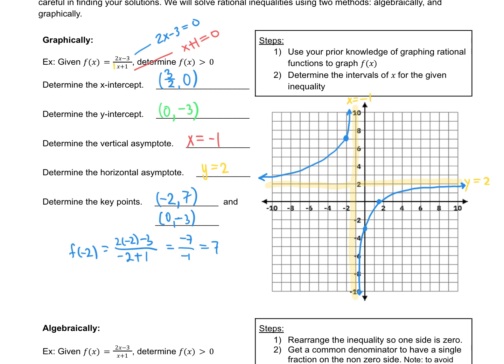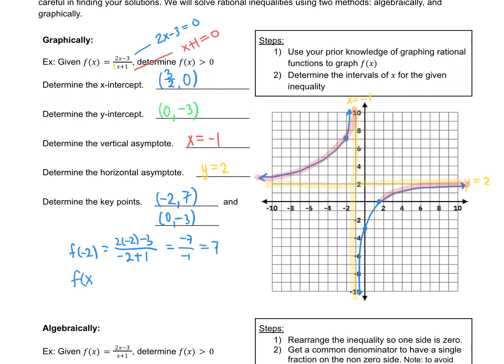So now here is our sketch. And now we want to see when is the function greater than 0. Well, this entire arm will always be greater than 0. And this point from the x-intercept onwards will be greater than 0.